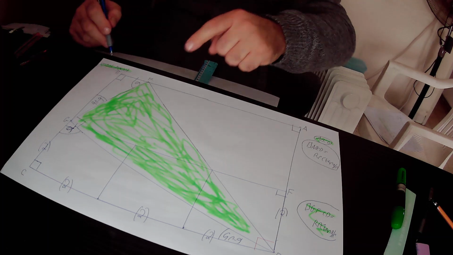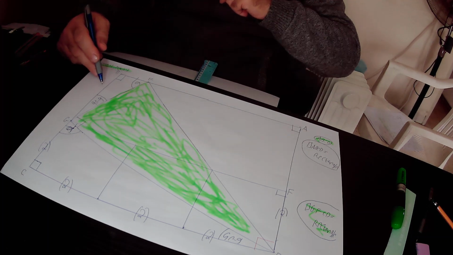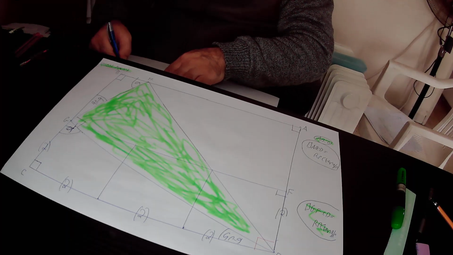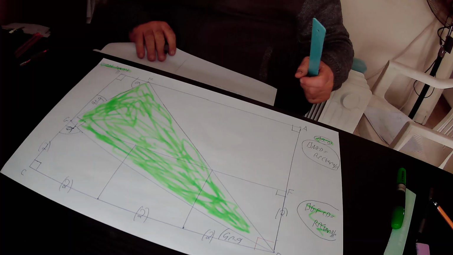And again, from the fact that those two right triangles are similar to each other, we know that the following relationship exists between their sides.